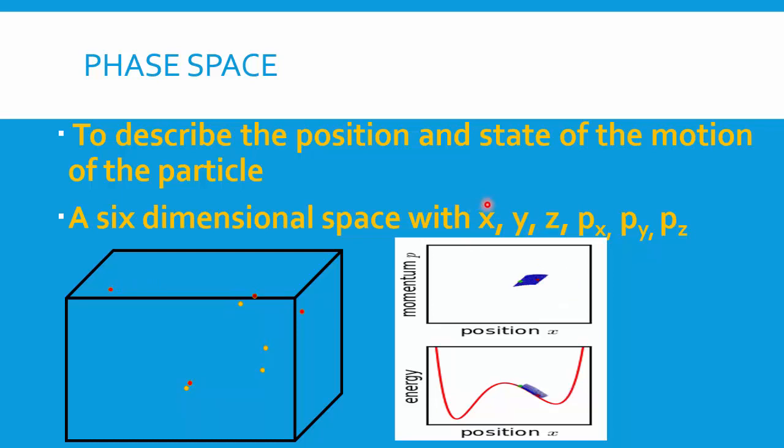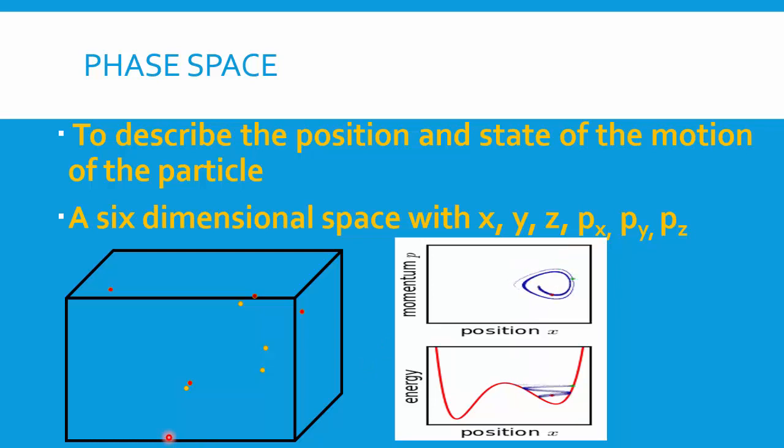If you multiply mass by velocity in x direction, you will get momentum in x direction. Mass multiplied by velocity in y direction gives momentum in y direction. And mass multiplied by velocity in z direction will give me momentum in z direction. So if I have a plot between momentum, that means the state of the motion, and the position, and you just consider a one-dimension motion, then you have x and you have px.